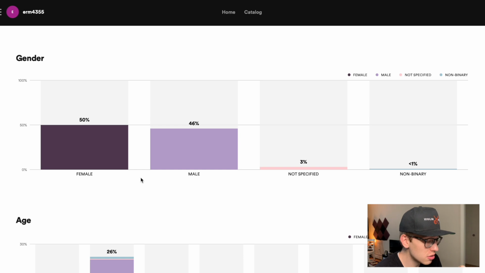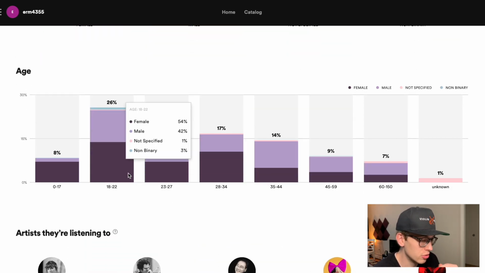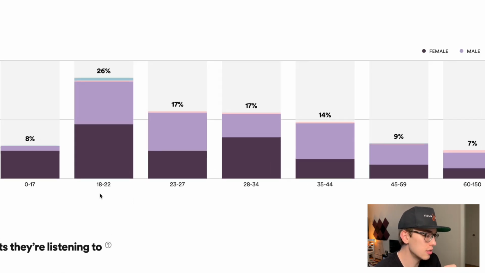And with the gender, it's pretty even. I'd say close to 50-50. You can see that 50% female, 46% male, 3% not specified, and less than 1% non-binary. But what was really shocking to me in this statistic is that a lot of you listeners on the Violin podcast are between the ages of 18 and 22. So a lot of young listeners, probably conservatory students who are into podcasting or wanting to learn more about their music careers.